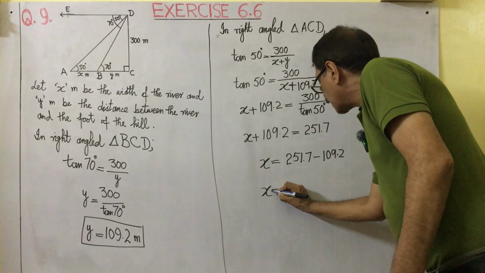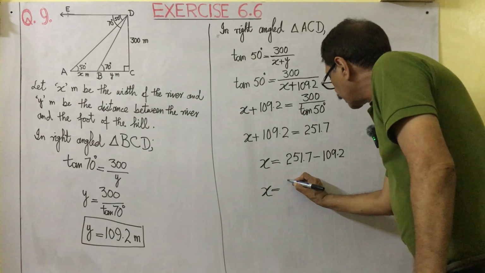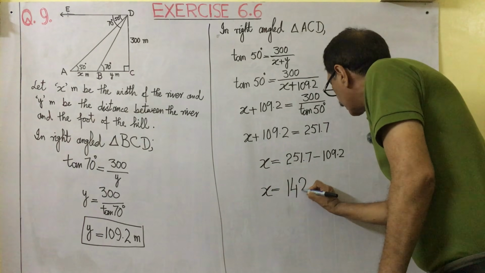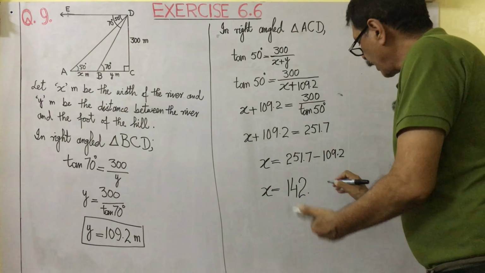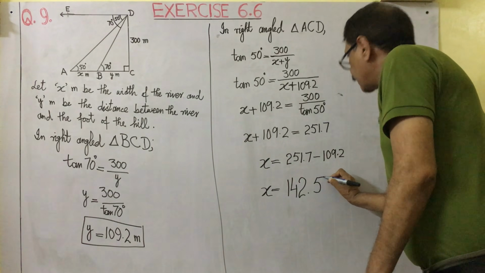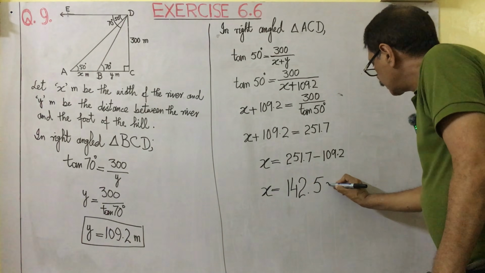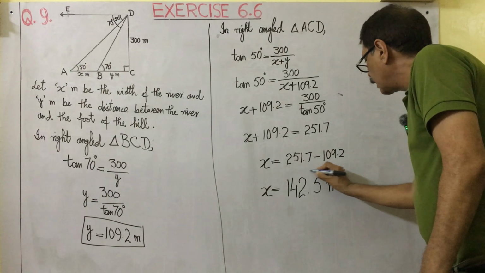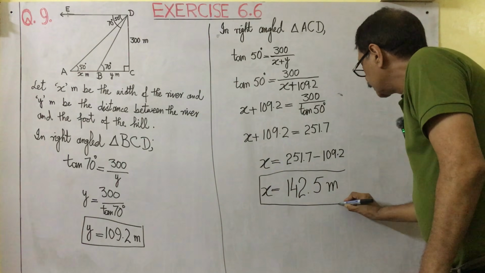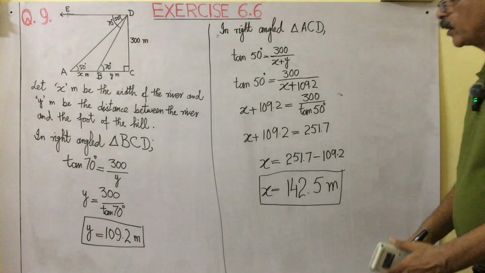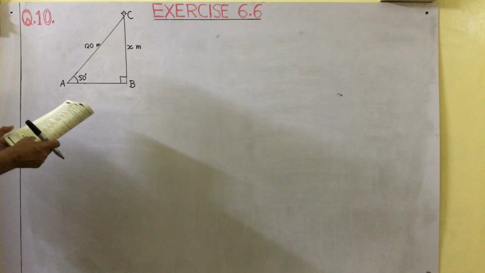The value of x comes to be 142.5 meters. So x is actually the width of the river. So the width of the river is 142.5.